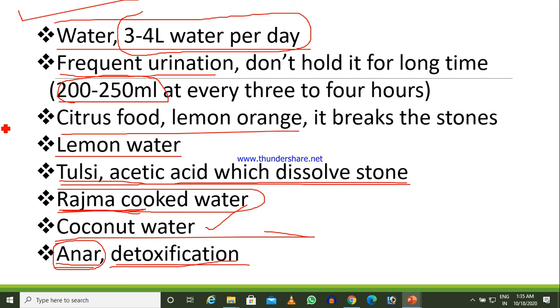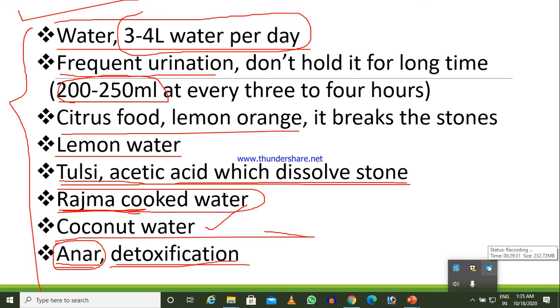So these are the remedies, and if you do that, no harm will happen. You can do it. It will be helpful as a home remedy for renal calculi. So this is a very simple way I have explained. Hope it will be helpful to you. Thank you very much.